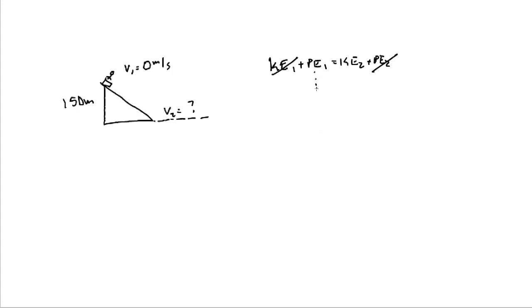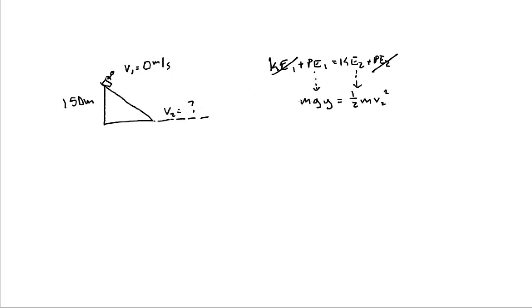So my initial potential energy is given to me as my mass times gravity times my height. That equals my kinetic energy, which contains the variable I'm looking for, 1/2 m v2 squared. v2 being the speed at which it leaves the ramp.